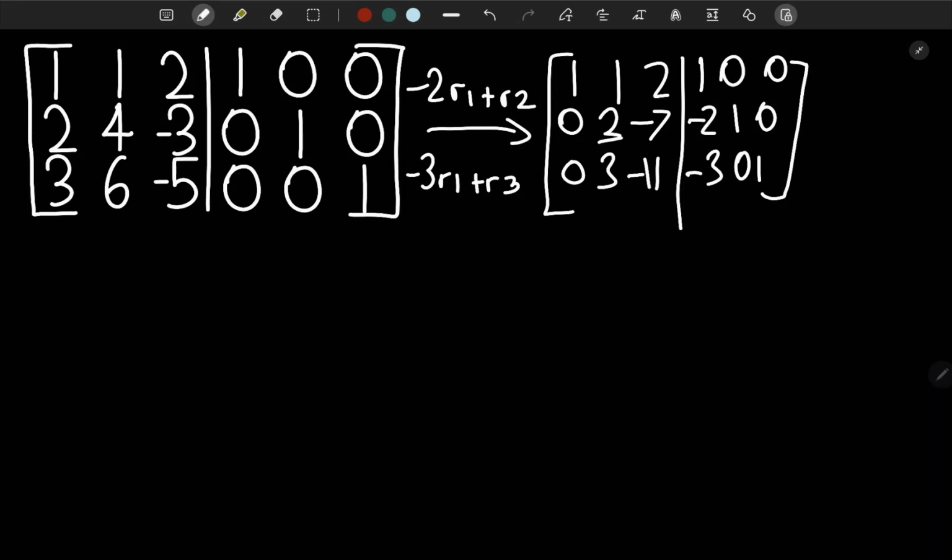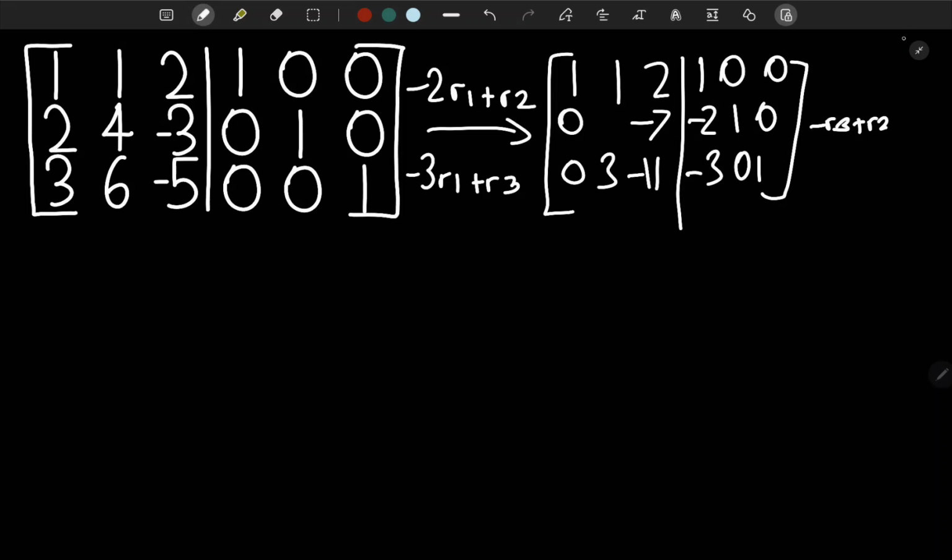But we have a 2 in this pivot, so how can we change this to 1 first of all, to make it easier for us to get rid of all these numbers above it and below it? So what we can do here is we can do the following operation of minus r3 plus r2. So it will give you minus 1 here, and then we can change that sign by just multiplying it by minus 1.